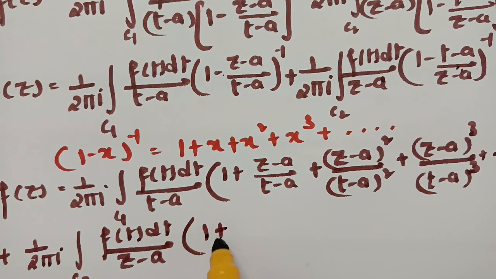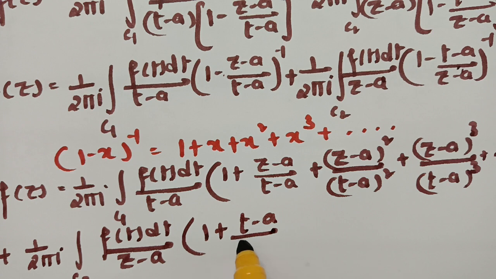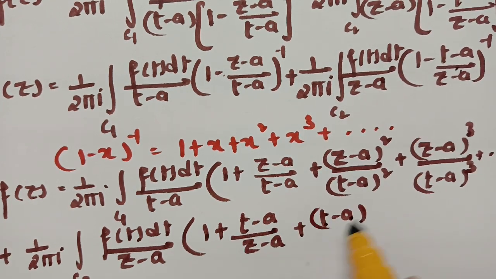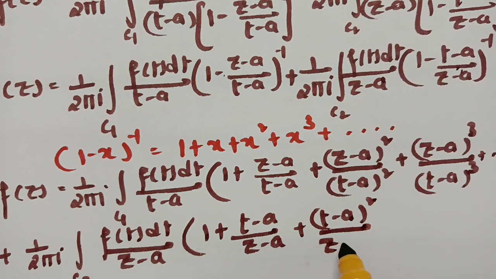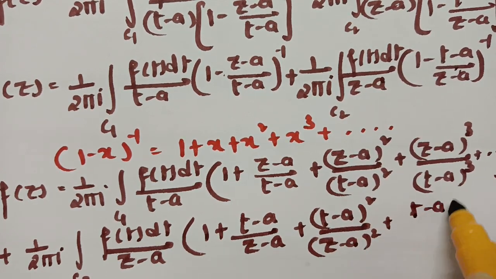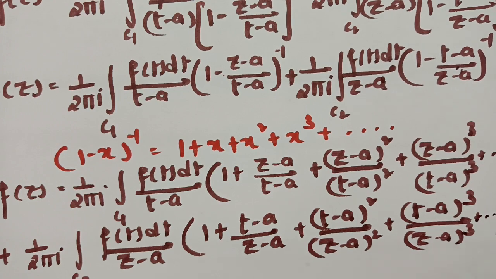So again I am writing, that is 1 plus x. In place of x we have t minus a by z minus a, plus t minus a whole square by z minus a whole square, and next one is t minus a whole cube by z minus a whole cube, plus and so on. Clear?